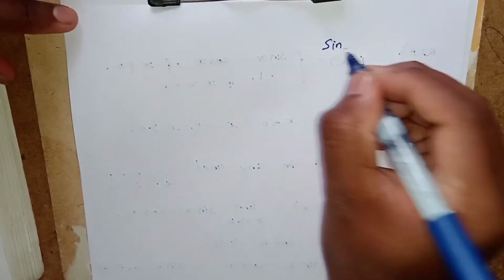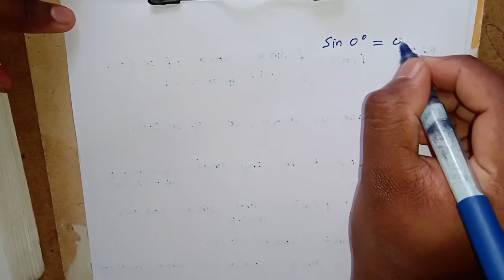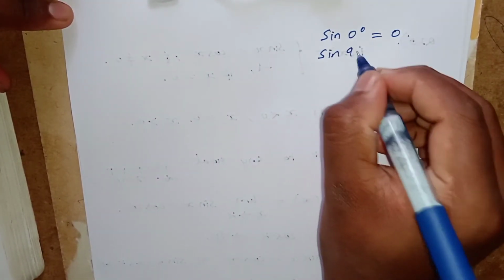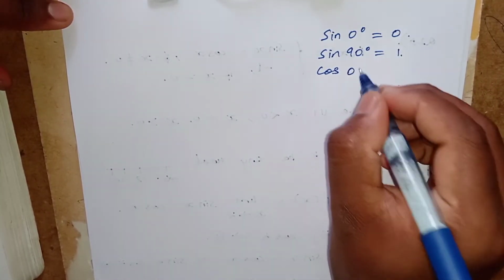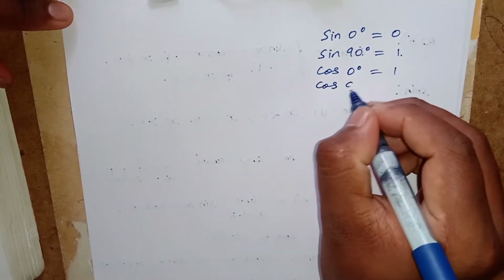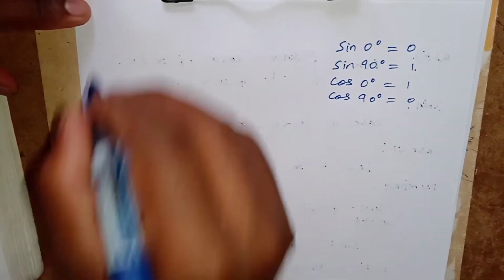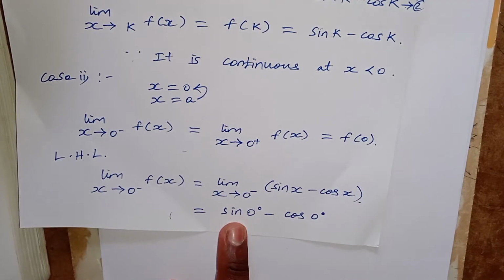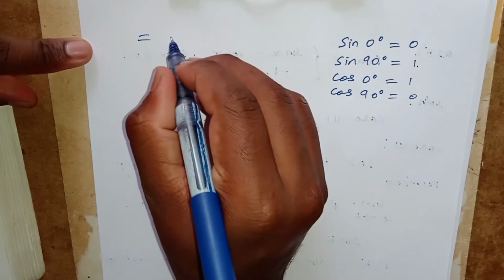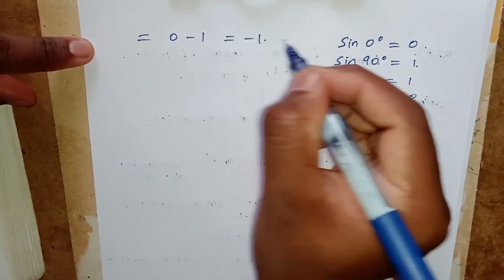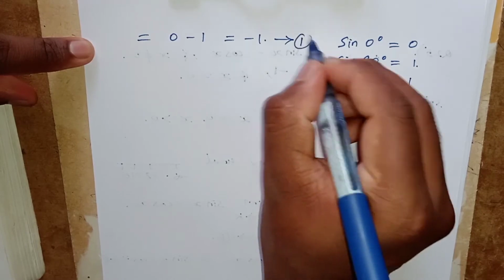Here you have to know the trigonometry values. sin 0 is 0, sin 90 is 1. Here it is just reversed: cos 0 is 1, cos 90 is 0. So sin 0 is 0, cos 0 is 1, therefore 0 minus 1, which is minus 1. This is equation 1, the left hand side.